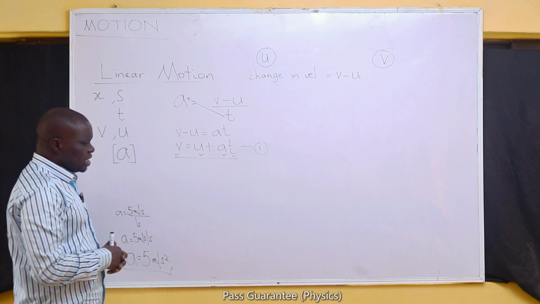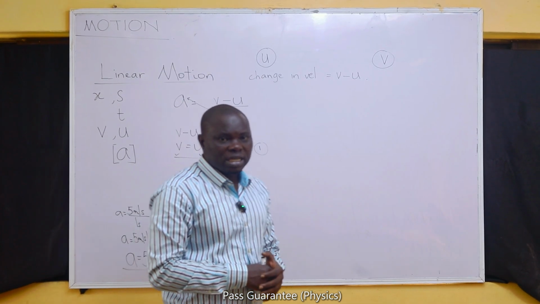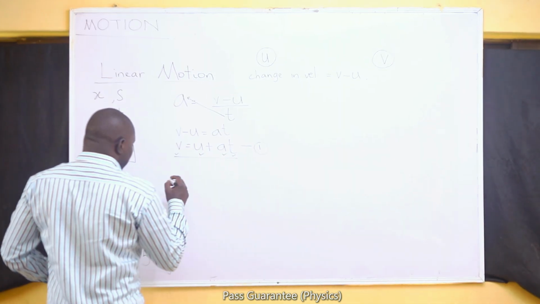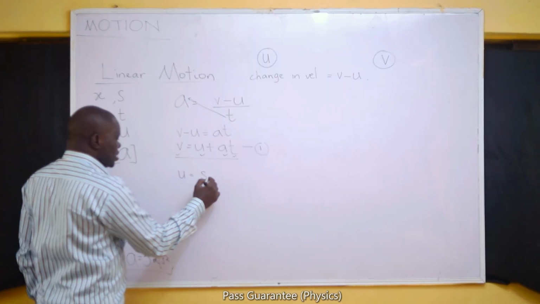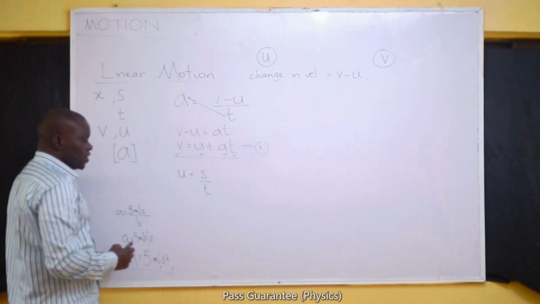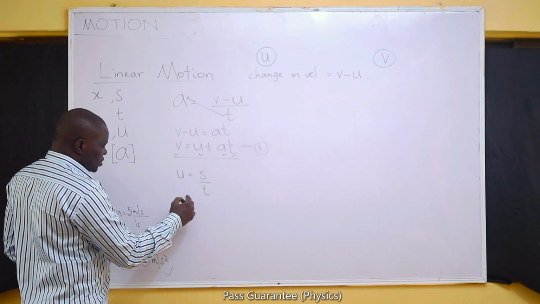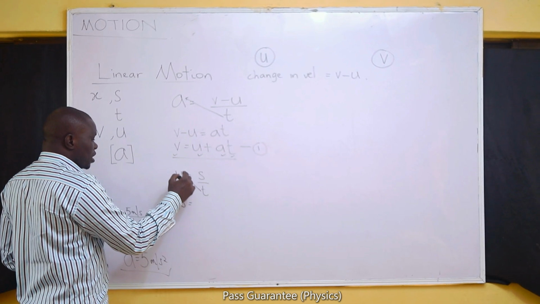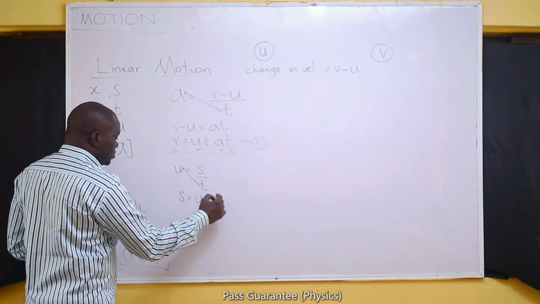If an object is having a distance, I had earlier said that the velocity of an object is distance all over time. Therefore, the distance must be equal to, if I cross multiply, velocity multiplied by time.